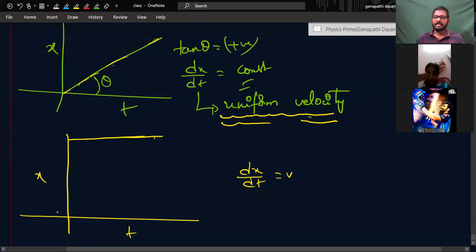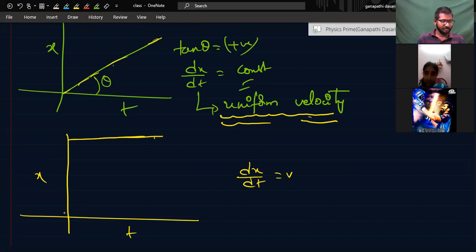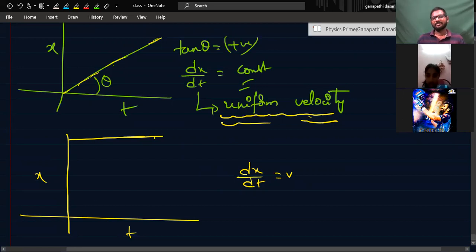The slope is constant, we know, but what is the slope exactly for that graph? It is a line parallel to the x-axis. Your mathematics fundamentals, where did they go? For a line parallel to the x-axis, what is the slope?